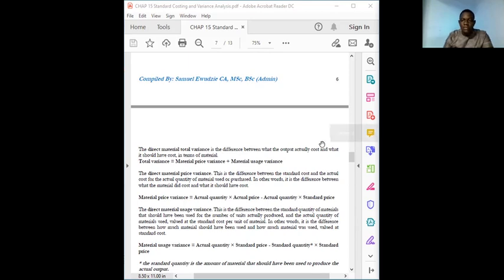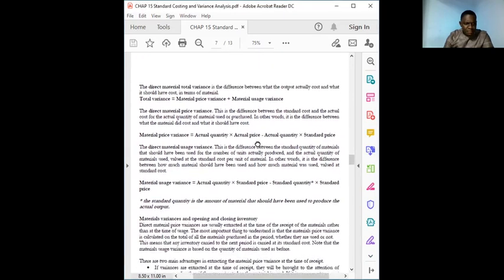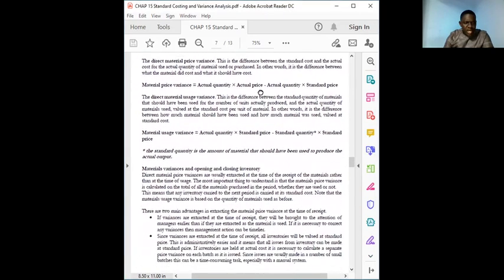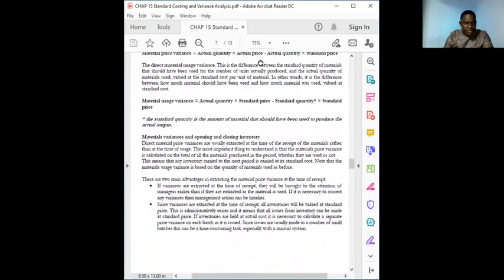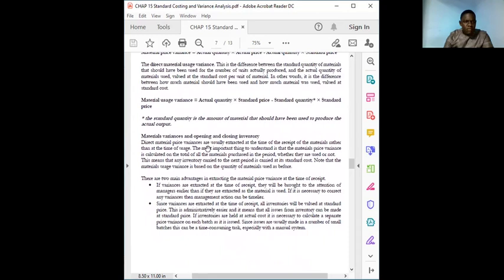So that is the material usage variance. The standard quantity is the amount of material that should have been used to produce the actual output.